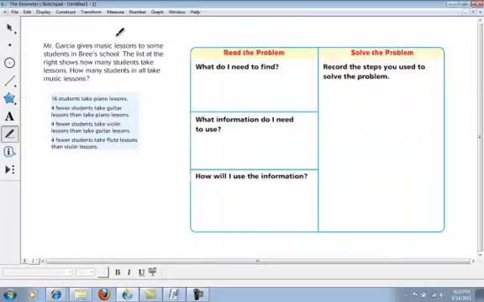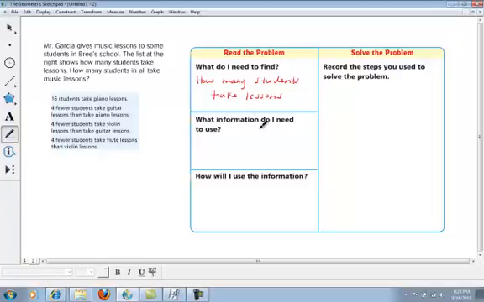Mr. Garcia gives music lessons to some students in Bree's school. The list at the right shows how many students take lessons. How many students in all take music lessons? Now, here's our list right here of the number of students that take each lesson. Now, what do I need to find? I need to find how many students take lessons.